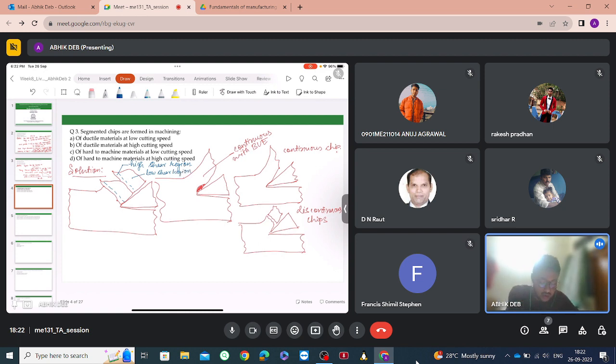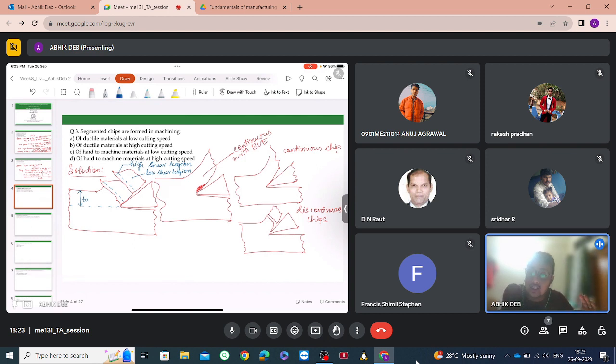Okay, in the high shear region, since the shear is more, the deformation will also be more. So compared to the uncut chip thickness, that is T naught, the deformation in this section will be much more than T naught, whereas in the low shear region the deformation will be a little bit bigger than the T naught value. So this is what a segmented chip is.